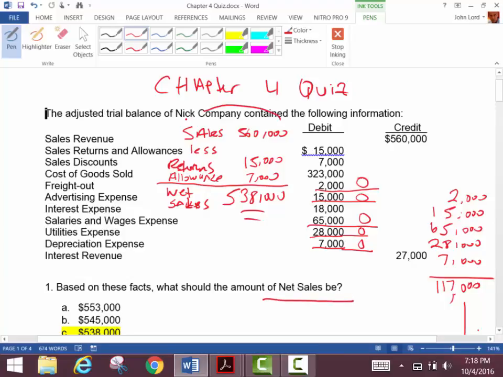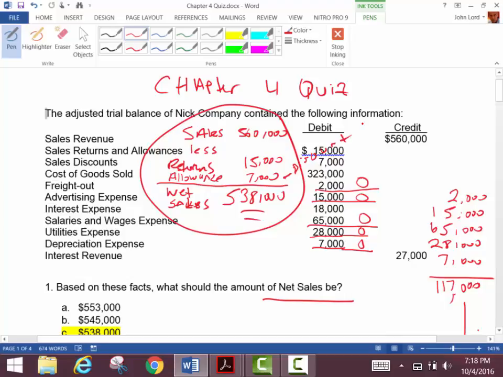Okay. And so I just went ahead and did our little calculation of net sales like we've been seeing in some of the slides in the in-class example. Sales minus returns minus my allowances, sales return allowances of 15,000, minus my discounts.